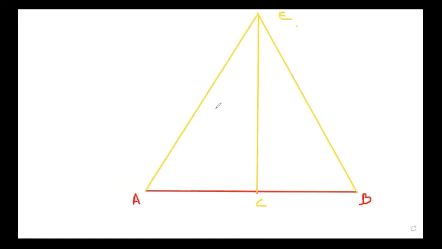Now if you calculate, this is 50 and this is 120. So the slant height AE equals 130 millimeter. So we divide this AE into 13 equal parts. Okay. So each part will be 10 millimeter.